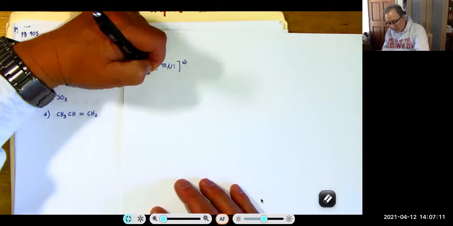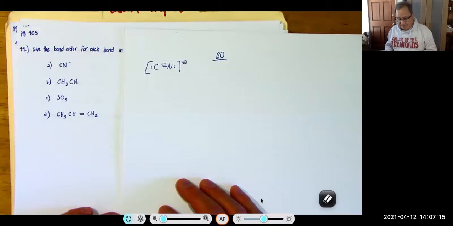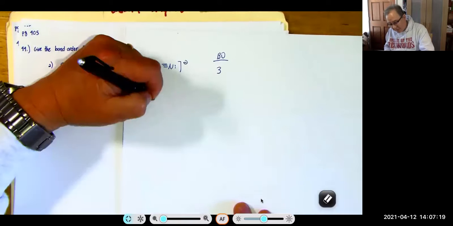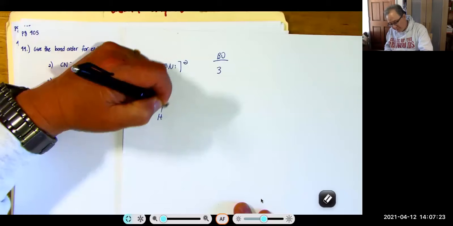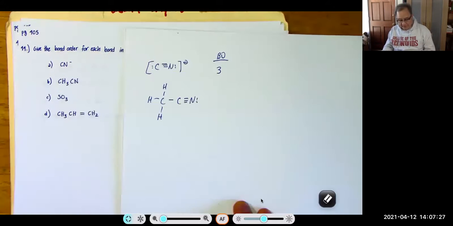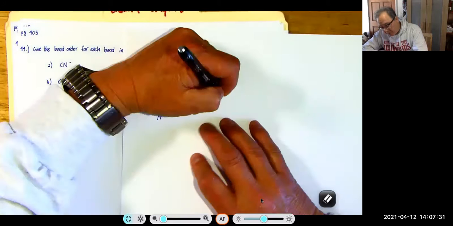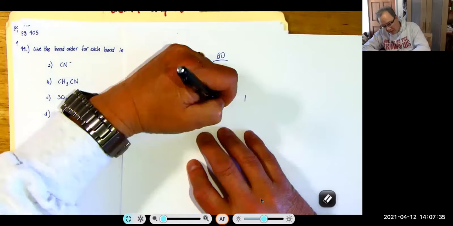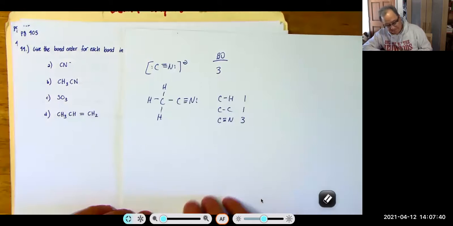So what's the bond order in this guy? 3. How about this guy? What are the bond orders? And the answers are, there's a CH with a bond order of 1. There's a CC with a bond order of 1. And there's a C triple bond N, which is a bond order of 3. Right.